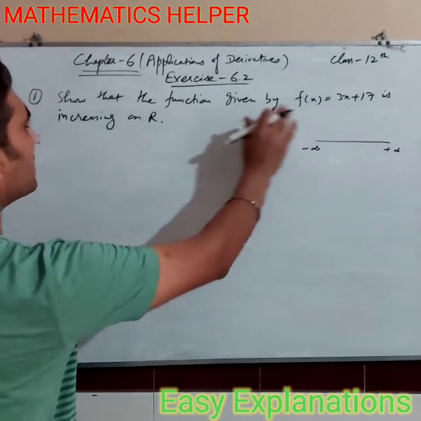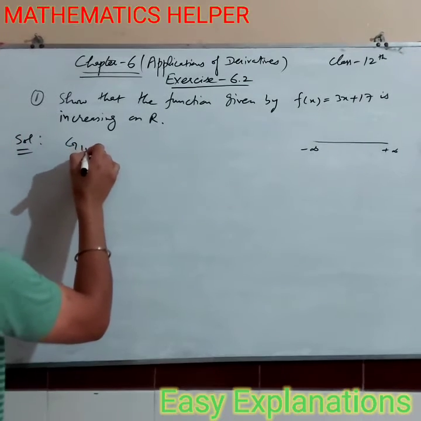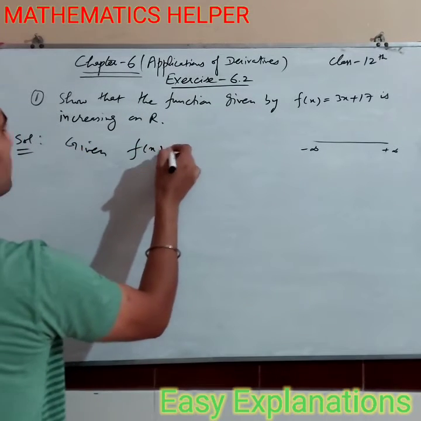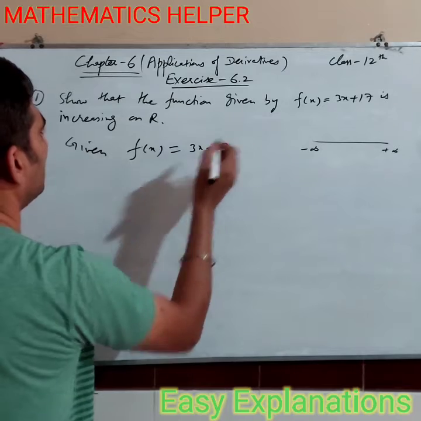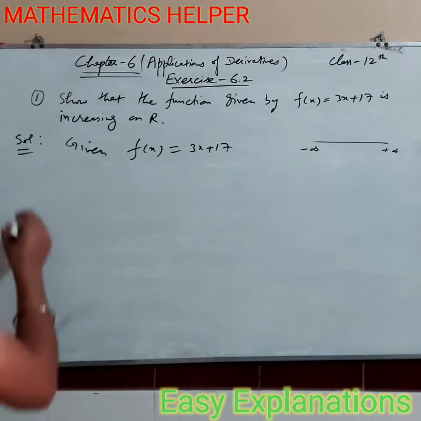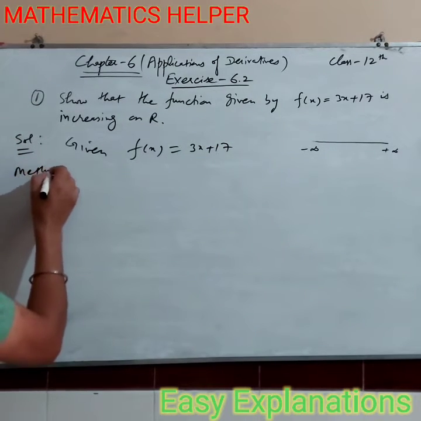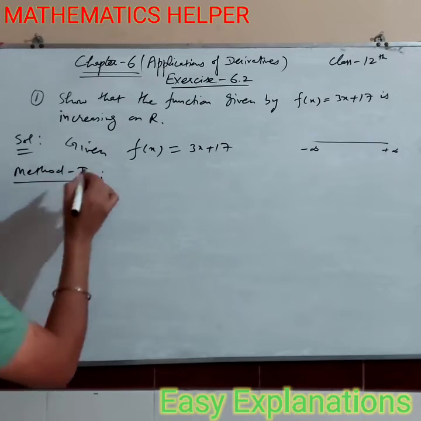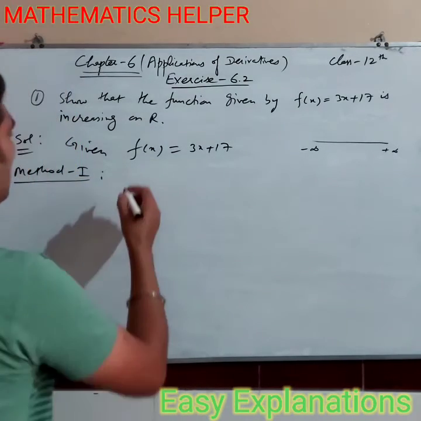So, show that the function given by this. Given we have f(x) = 3x + 17. The first method is method number 1. In this method we choose two numbers.